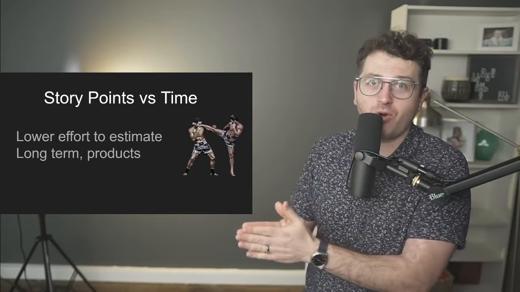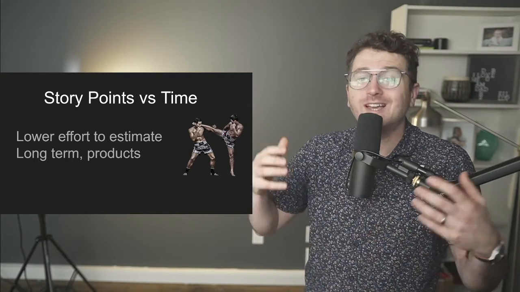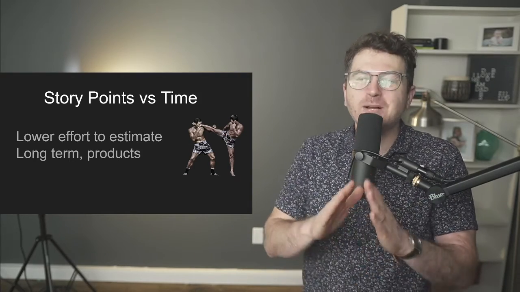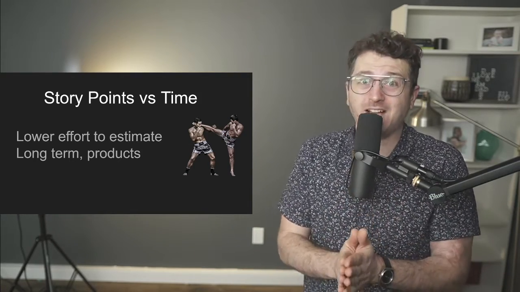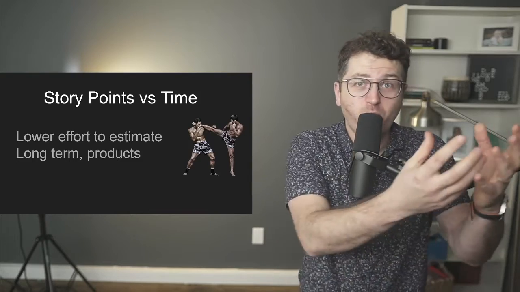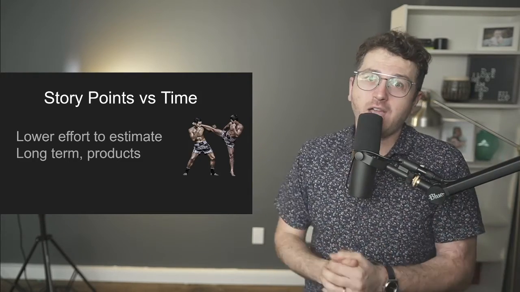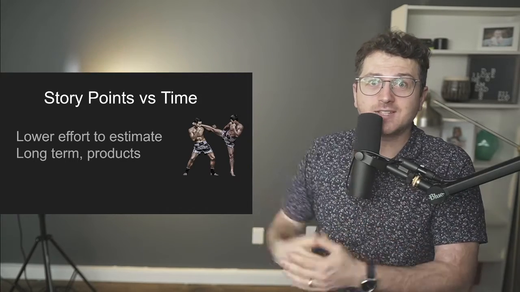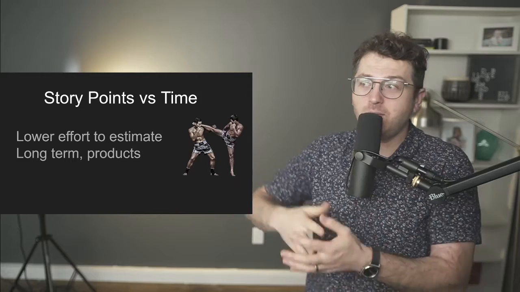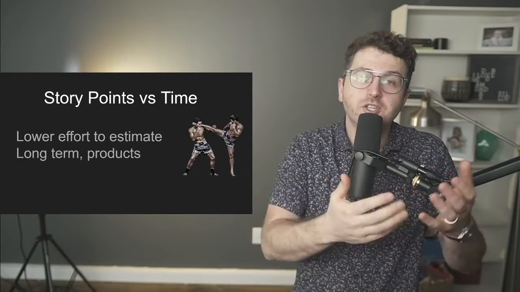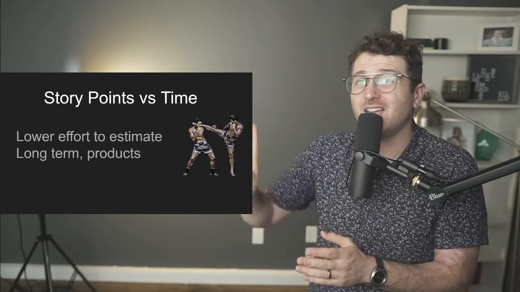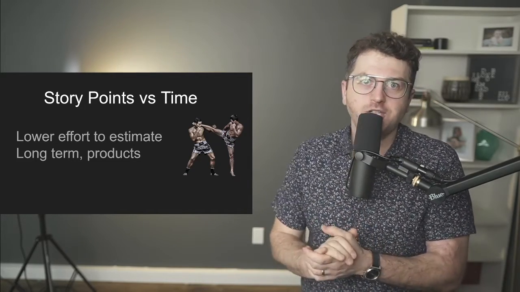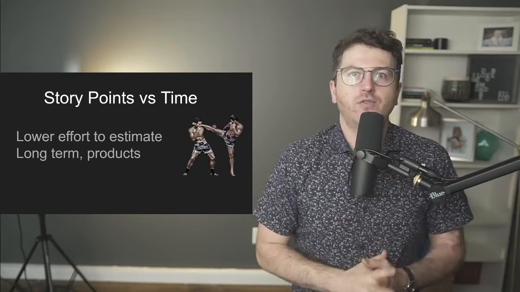But when you run the reports to see how many story points can be done within a unit of time with a specific team size, it's completely okay, and actually recommended, to translate story points and to see on average how many hours were spent per story point, and then extrapolate and see, based on the velocity of the team, how much time it takes to deliver a certain number of story points. Again, it's more of a reporting tool. It's just a reporting tool and projection tool rather than an estimation for a specific feature.